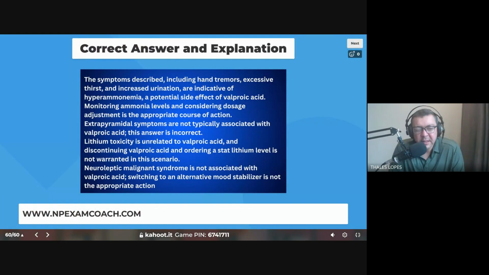The symptoms described include hand tremor, excessive thirst, and increased urination, which are indicative of hyperammonemia, a potential side effect of valproic acid. We cover this in the course in excruciating detail, right? Monitoring ammonia levels and considering dose adjustment is the appropriate course of action. So here you have it.